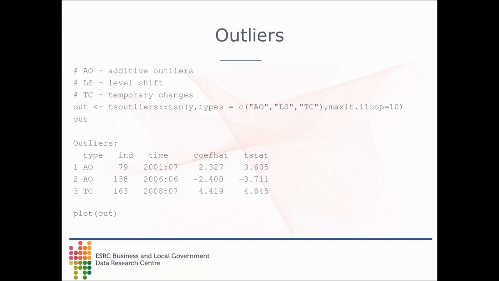As you can see, the output from the outliers basically identifies 3. I've got 2 additive outliers and 1 temporary change. It gives me the timestamp as to when these outliers occurred.